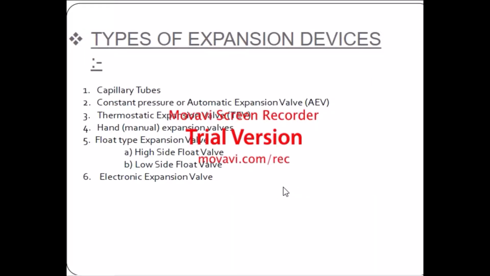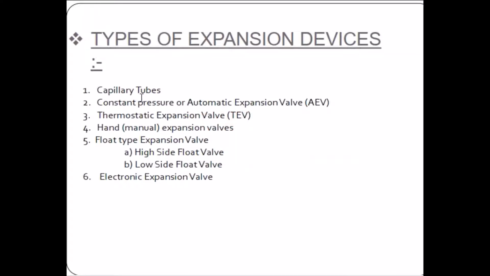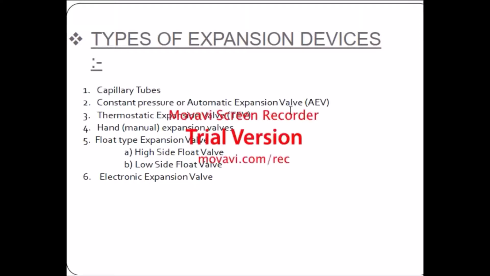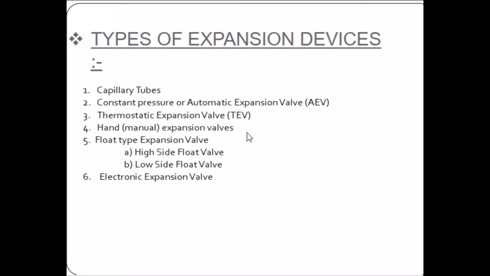Types of expansion device. The first one is the capillary tube. The second one is the constant pressure or automatic expansion valve, and then we will also study the thermostatic expansion valve and the hand or manual expansion valve.